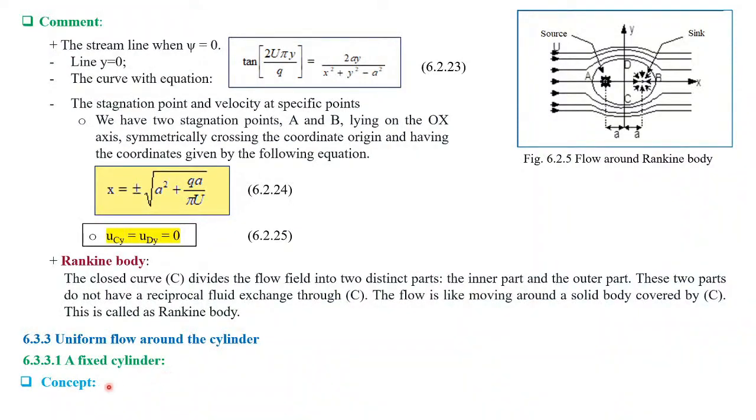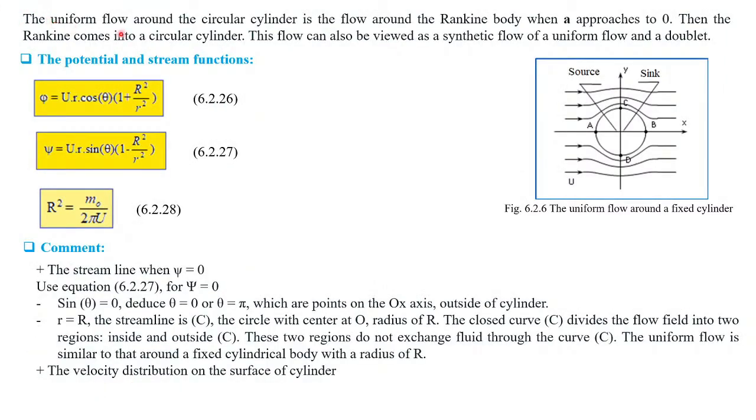We have the concept for this flow: the uniform flow around a circular cylinder. This is a circle, the cross section of the cylinder, and this is the uniform flow.